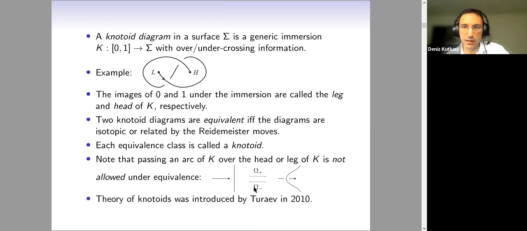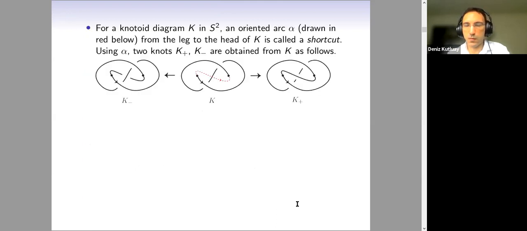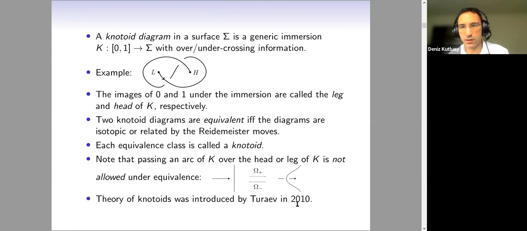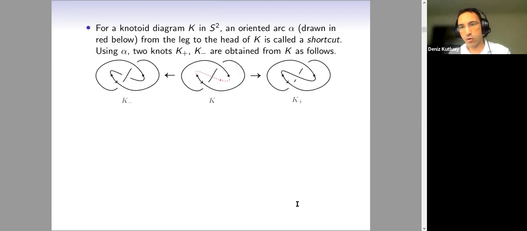Now I should say that knotoids were introduced by Turaev in 2010, and in this paper, Turaev explained all. So this is basically all his definitions of knotoid, and we will see some more work from his original paper that I will mention here.